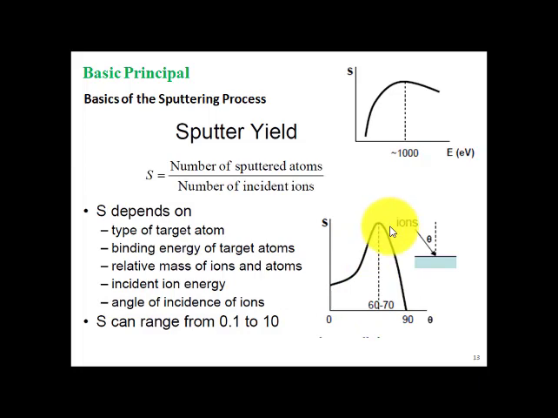After that, as the angle increases more, the sputter yield decreases and again it becomes 0 at 90-degree angle. So to get a better sputter yield, we should use high energy incident ions, and the angle of incidence should be in between 60 to 70.